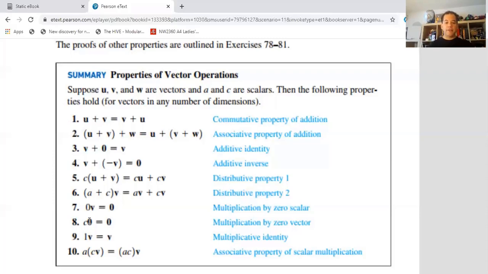If you multiply the 0 vector times any scalar, it remains the 0 vector. Again, kind of obvious as well. If you multiply a vector times the scalar one, it stays the same. And if you multiply by a scalar and then by another scalar, you could instead have multiplied by the product of the two scalars, right?